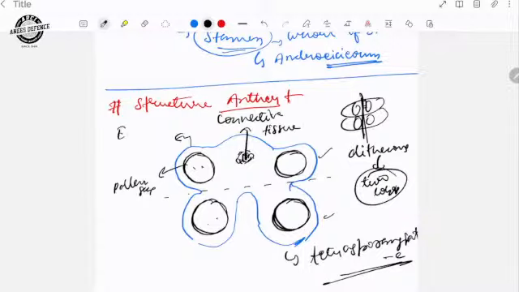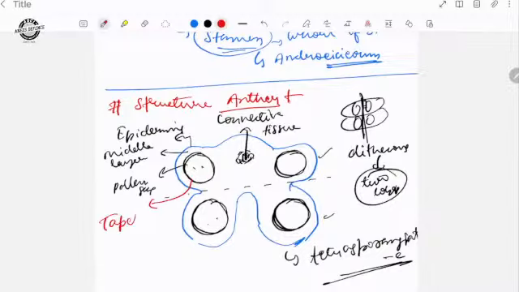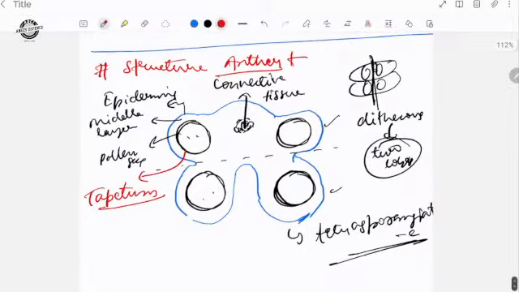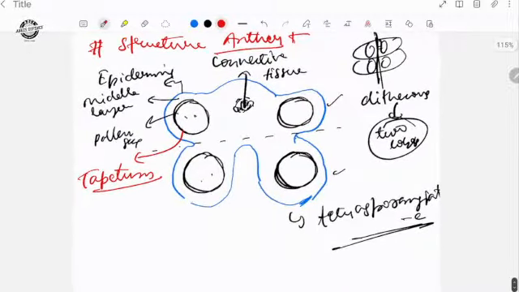The outermost part is termed the epidermis. This is termed the middle layer. This is termed, an important point, the tapetum, which nourishes the immature pollen grains at the stage of sporogenous tissue.